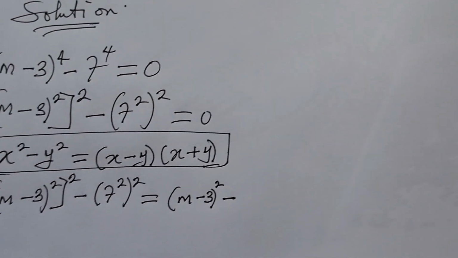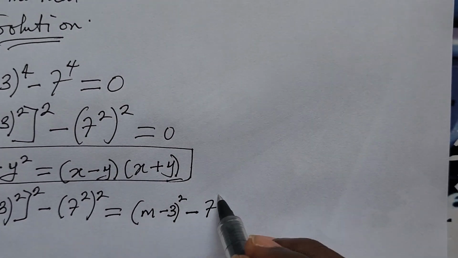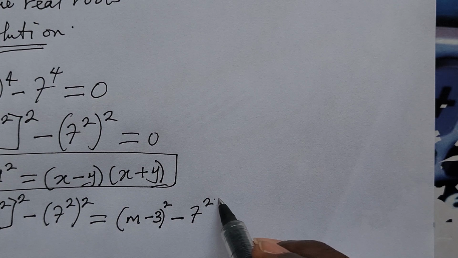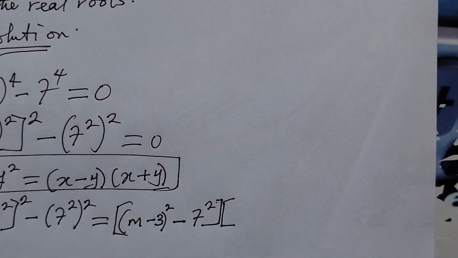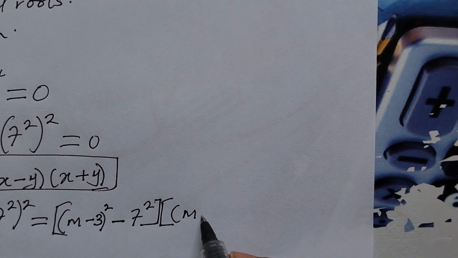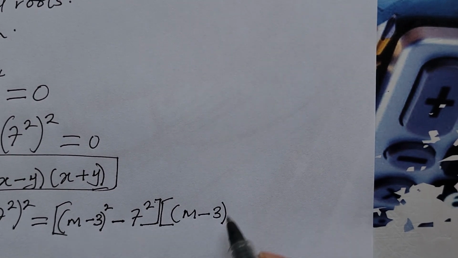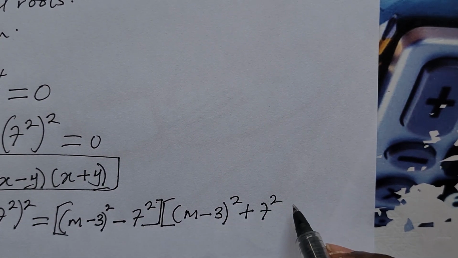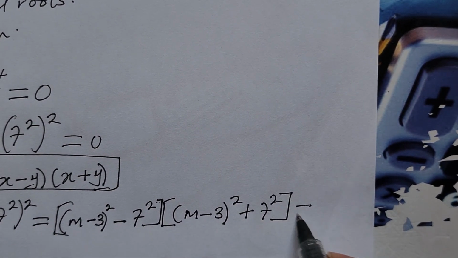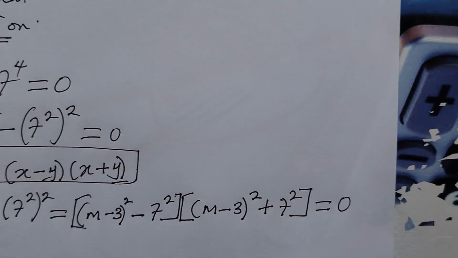The whole of this is our y, 7^2. Then we put this in square brackets, which gives us [(m − 3)^2 + 7^2] and [(m − 3)^2 − 7^2], equal to 0.